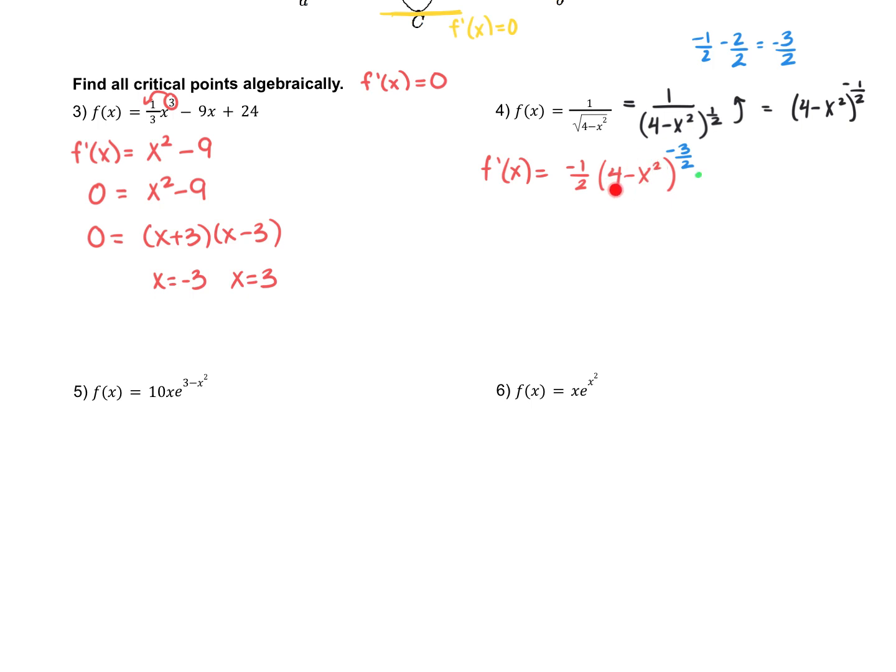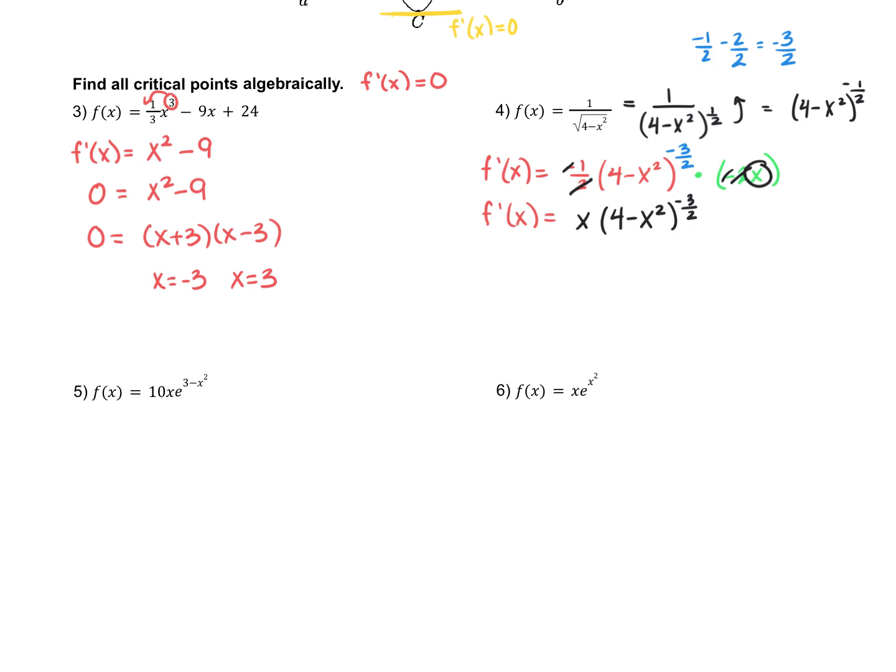The derivative of a constant is nothing, and the derivative of negative x squared is just negative 2x. So to clean this up a little bit, because we know we have to set the derivative equal to 0, we actually can cancel this bottom 2 with this top 2. This negative times a negative is going to cancel. So we really have just this x left times 4 minus x squared to the negative 3 halves.